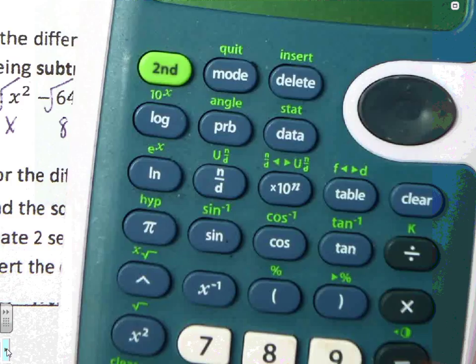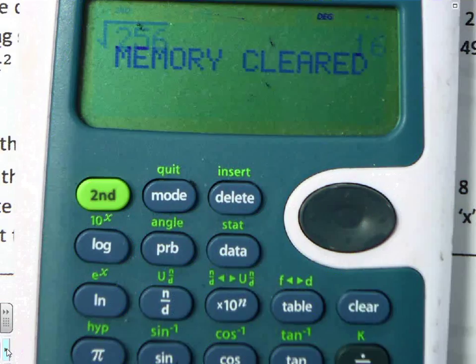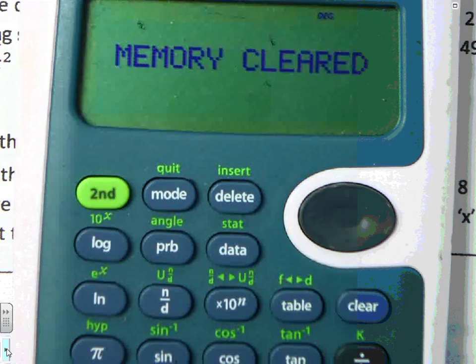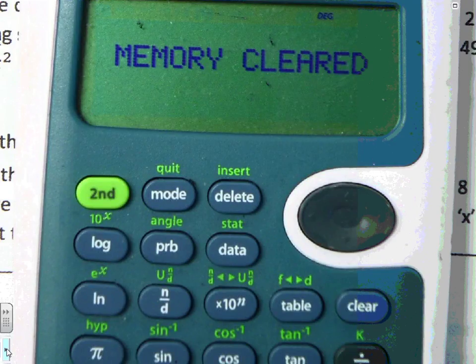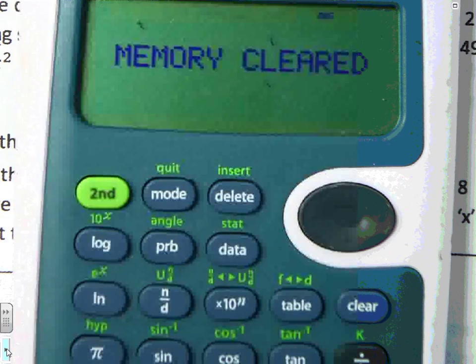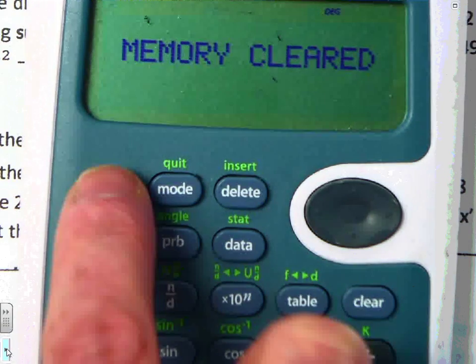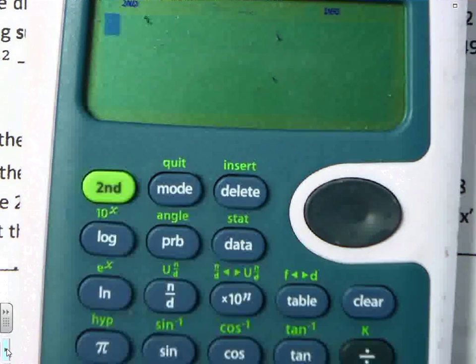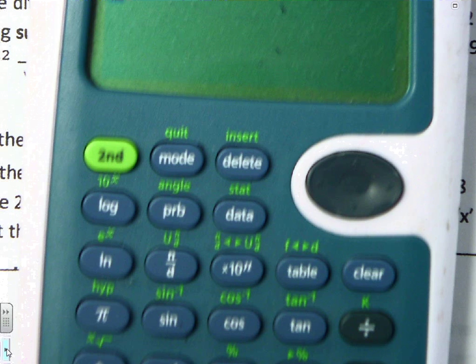Let's clear it out. Let's pick something bigger. How about 363? Yeah, let's try 363. Let's find the square root of 363. So second, clear it. Second square root button, which is the x squared lime green button.